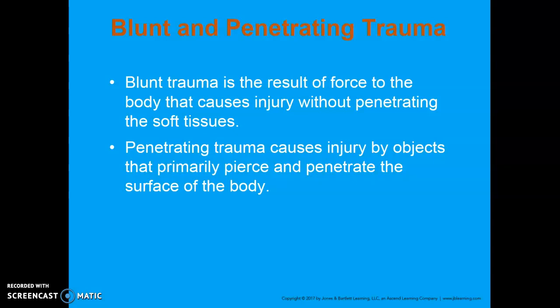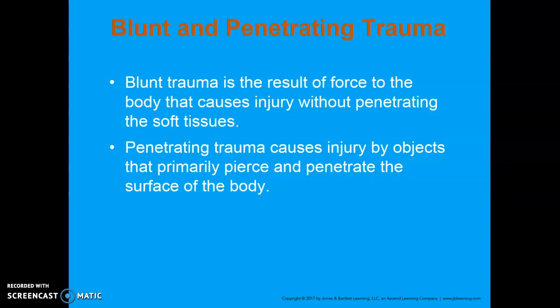Blunt trauma is a force to the body that causes injury without actually penetrating through the skin. Then penetrating is where objects cause injury by piercing, penetrating the skin, and then it can damage soft tissues, internal organs, body cavities, etc. underneath of all of that.